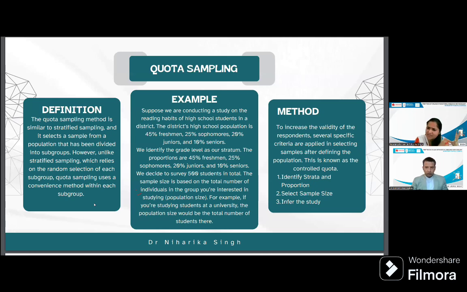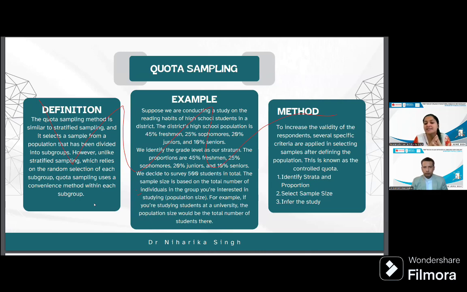It is very similar to stratified sampling, but it is not divided into the kind of groups or strata that we had divided. It is based on the percentage or a ratio of the population size that the population is divided into.